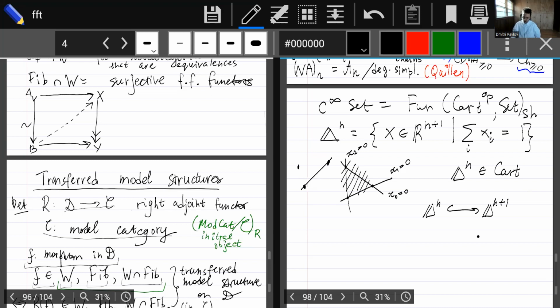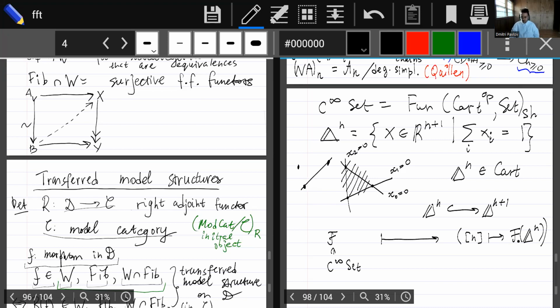So now, if you have a simplicial set F, you can evaluate F on an n-simplex, which gives you a set, and this will be a simplicial set.